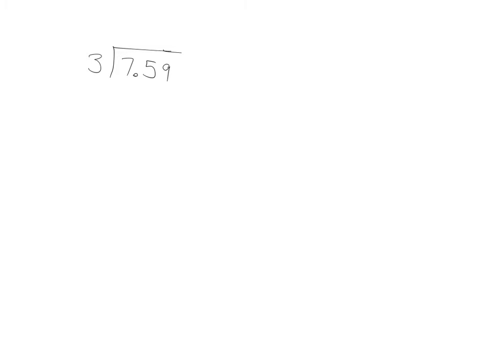Let's set this up. Really the process is exactly the same as before. The only difference is this decimal sign is going to appear here. In the answer, we just move it straight up and it's going to appear there.